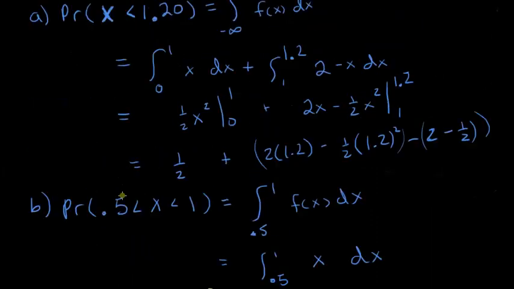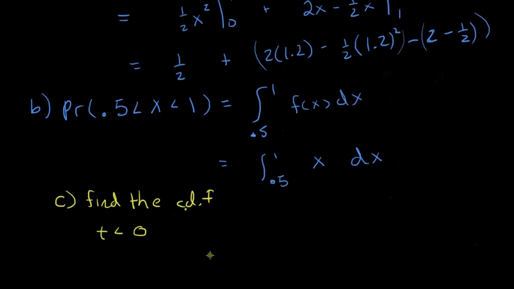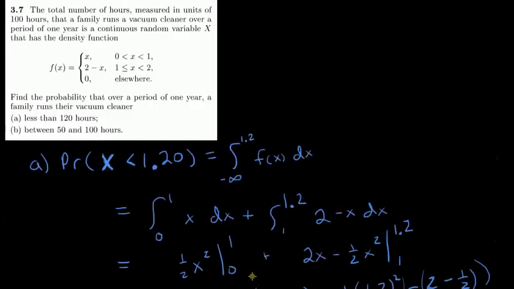When t is less than 0, what's the probability? Remember, what is a CDF? So F of t is equal to the probability that x is less than t. Now, when t is less than 0, what's this probability going to be? It's just going to be 0 because f is 0 when x is less than 0, right?